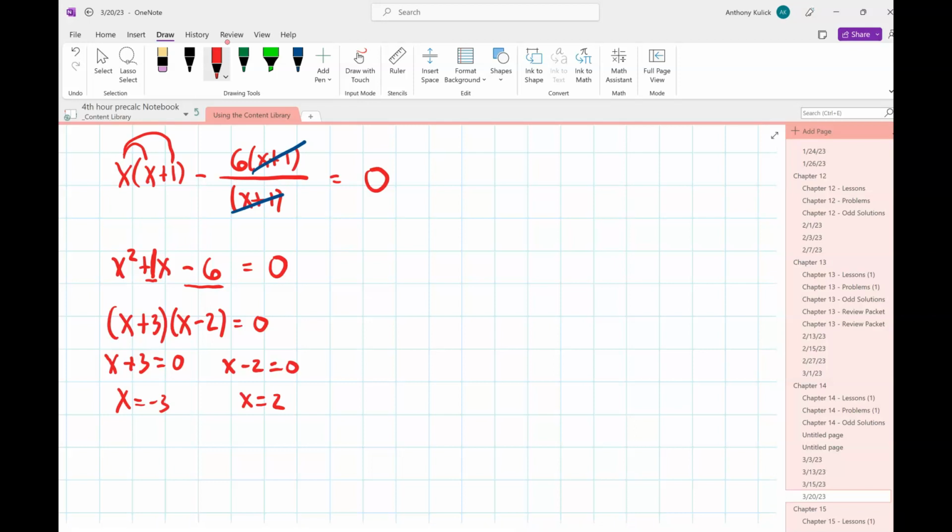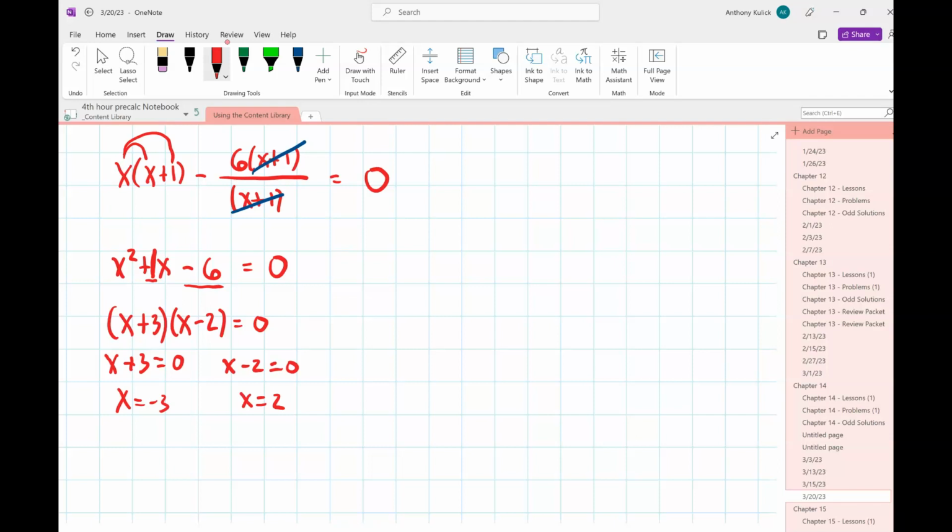Check. You want to see the shortcut for the check? There's really only one thing I need to check. Remember, what I'm really checking for is to make sure that these answers aren't a removable discontinuity or a vertical asymptote, right? When do those things occur?